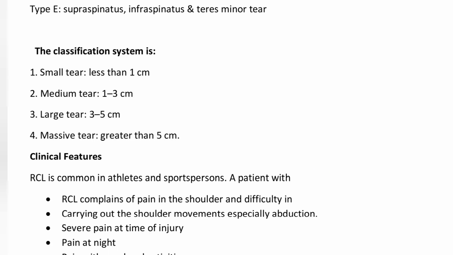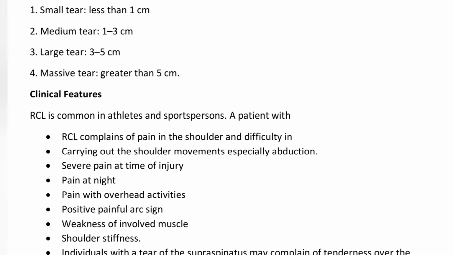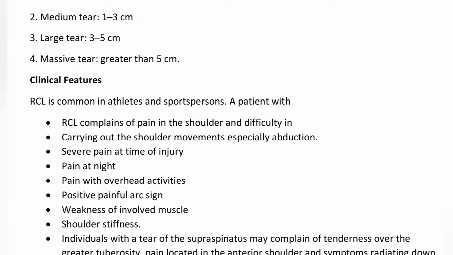What are the clinical features? There are a lot of clinical features. Rotator cuff injury is common in athletes and sportspersons. A patient with rotator cuff injury complains of pain in the shoulder and difficulty in carrying out shoulder movement, especially abduction.